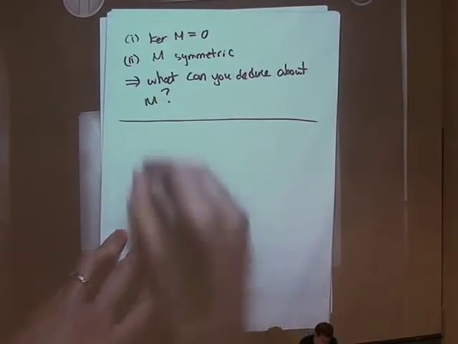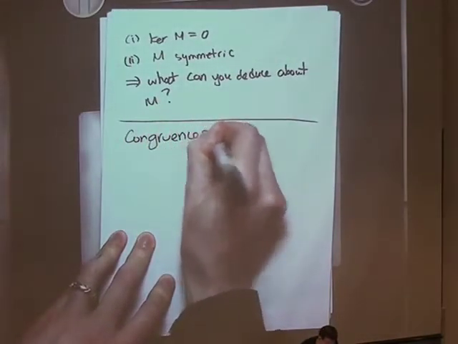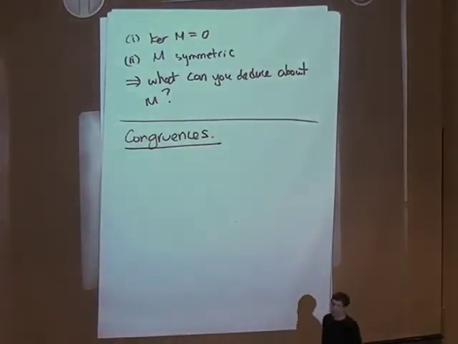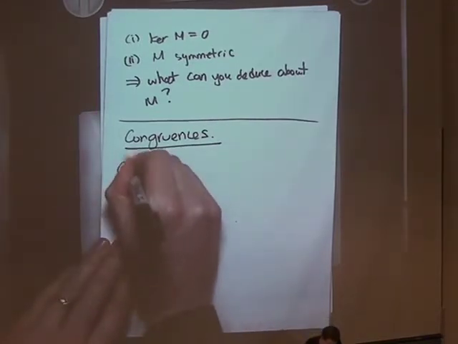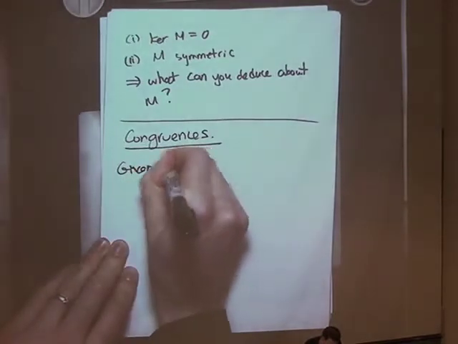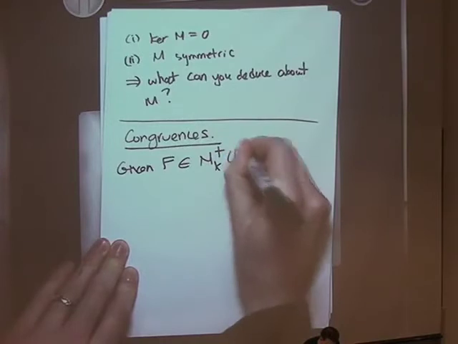Now let me move on to congruences. I explained a little about this in the last talk. So recall that we conjecturally have a spectral expansion, somehow given an F in overconvergent forms.